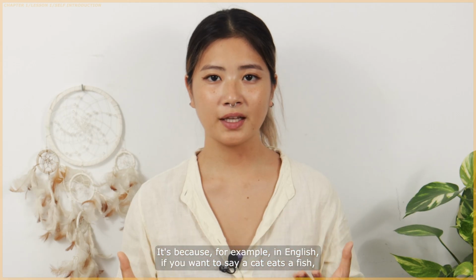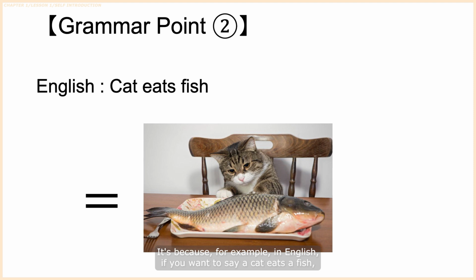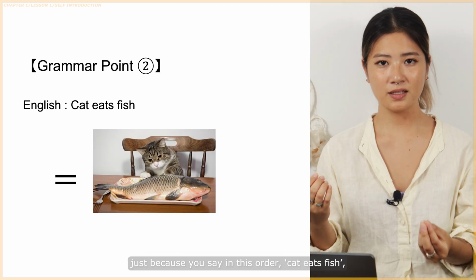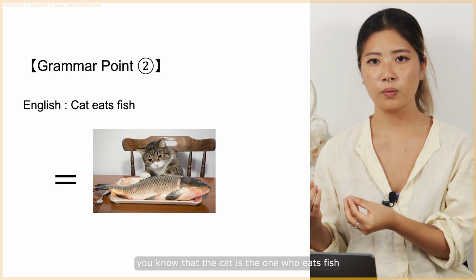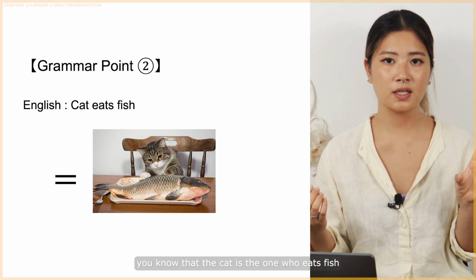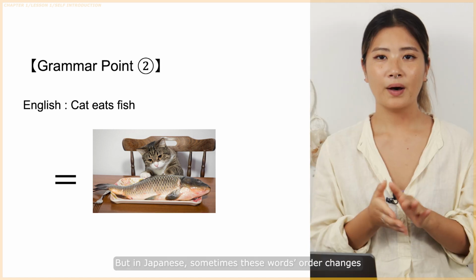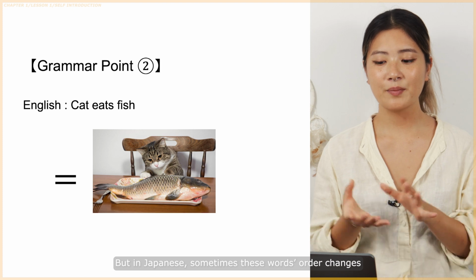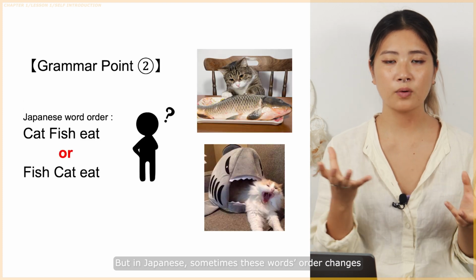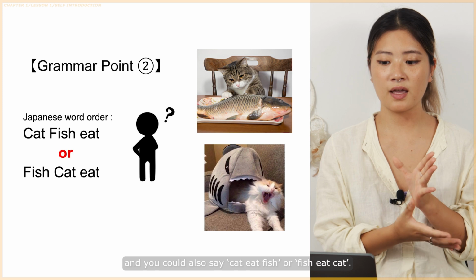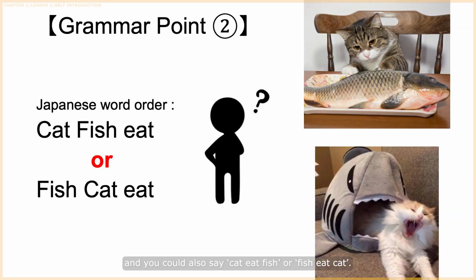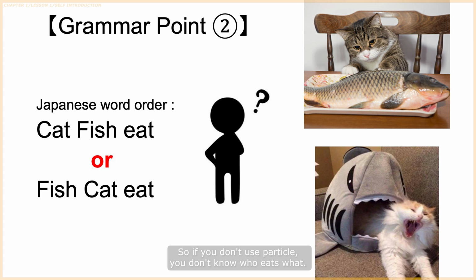Because, for example, in English, if you wanna say "a cat eats a fish," just because you say it in this order, "cat eat fish," you know that the cat is the one who eats the fish, and the fish is the one who is eaten by the cat. But in Japanese, sometimes this word order changes. You could also say "cat eat fish" or "fish eat cat." So if you don't use particles, you don't know who eats what.